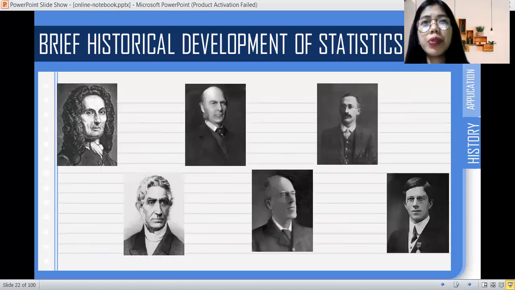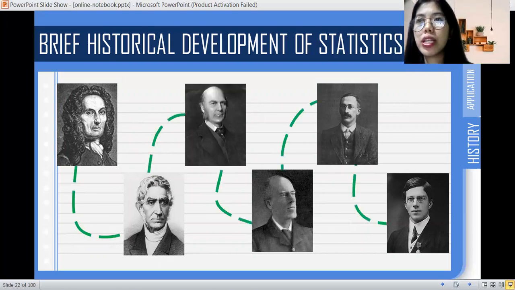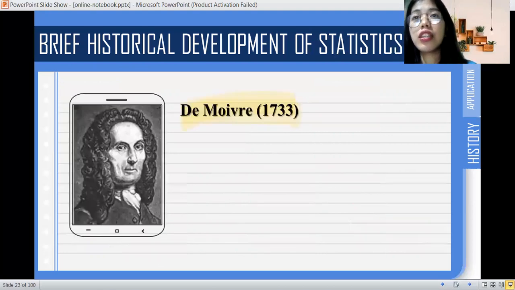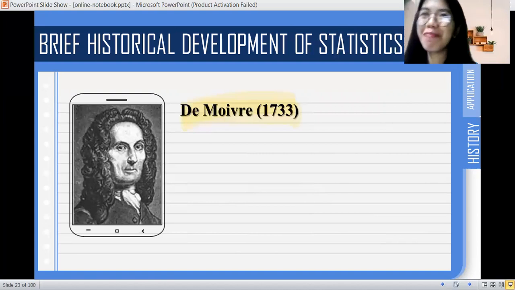So, meron din po tayong mga important persons, mga key persons in the field of statistics. Meron po tayo ditong 2, 4, 6, 6 po. Marami sila, pero sa ating presentation for today, we have 6. First, we have si Demir, or yung sa other pronunciation, Demoivre. Okay?